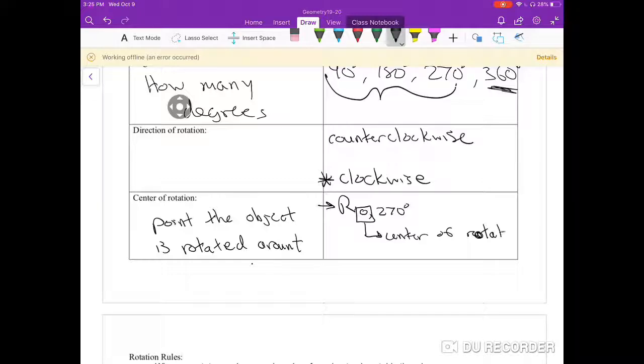And in this video, this is an O, it's going to be the origin for pretty much this entire video. So on all the coordinates, we're going to rotate around the center of the graph, the origin. I'll show you later on in this unit, we can rotate around different points, but for right now, we're going to assume that we're always going to rotate around the origin. So this is the notation. It has capital R, which means rotation. It has the O, which tells us the center, and it has the degree measure that tells us how many degrees we're going to rotate. Now the direction we're going to talk about on the next page.